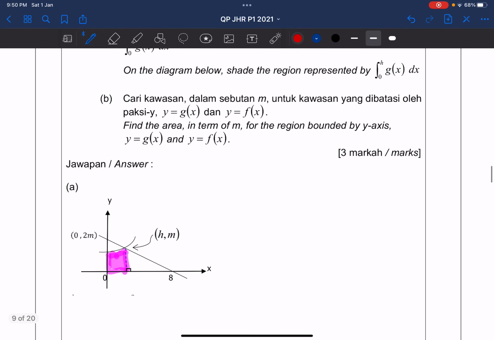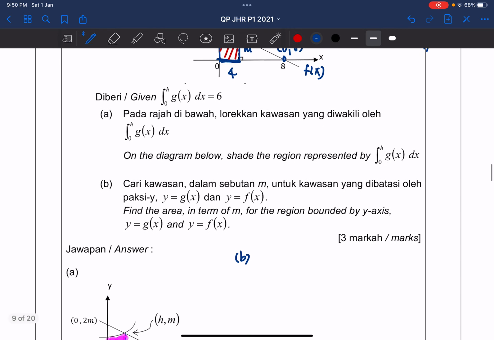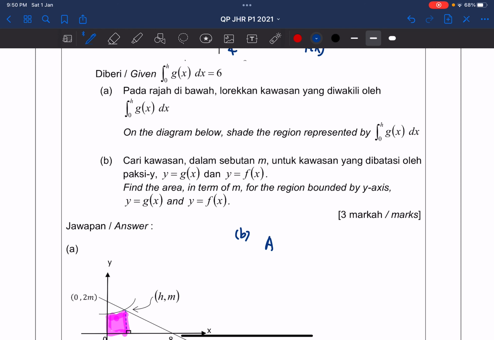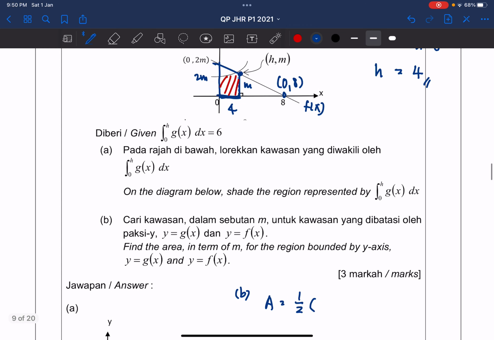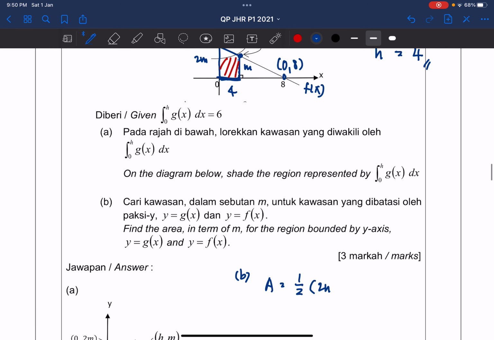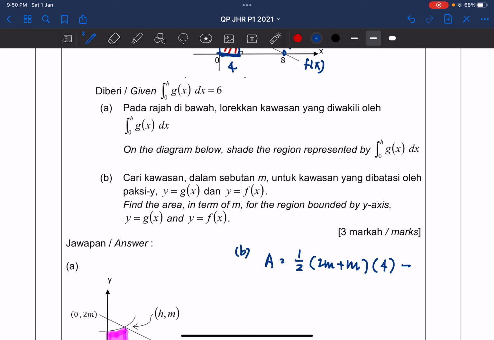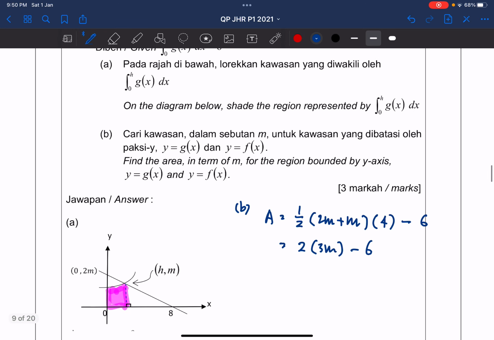So for question B, the area of the trapezium will be 1/2 times the sum of the two parallel lines, which is 2m plus m, times the height, which is h, which is 4, minus out 6. Then you get 2 times 3m minus 6, and then eventually you get 6m minus 6.